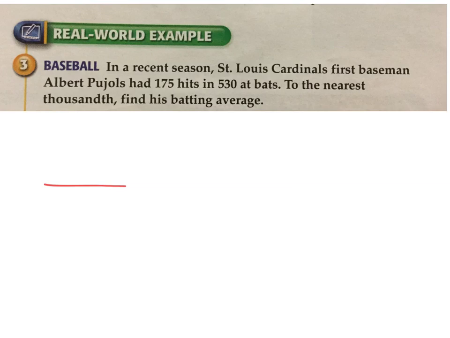We take the number of at-bats, and that number goes on bottom. That's the denominator. And then the numerator is the number of hits that he had. So how many hits did he have? 175. And how many at-bats? 530. So we would just divide those in our calculator. 175 over 530. And somebody tell me what you got.